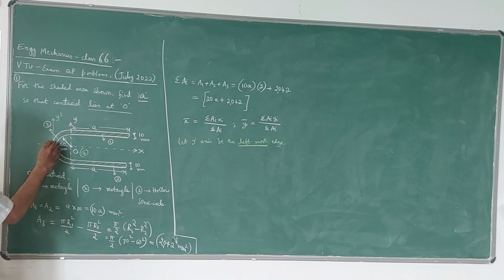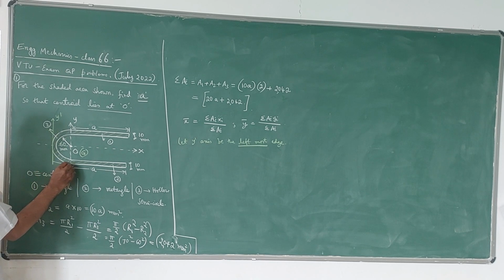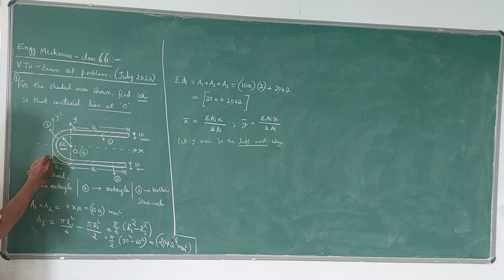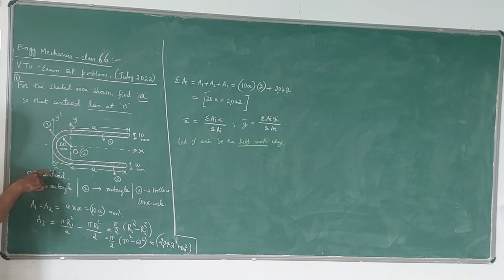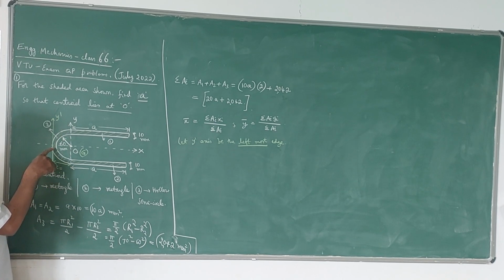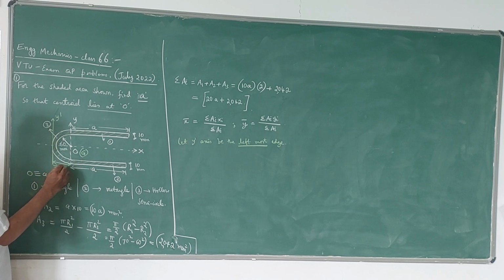From here the distance of the centroid is your x bar. Taking this as the reference axis, x bar is equal to 10 plus 60, that is 70 mm. Now you know the value of x bar.